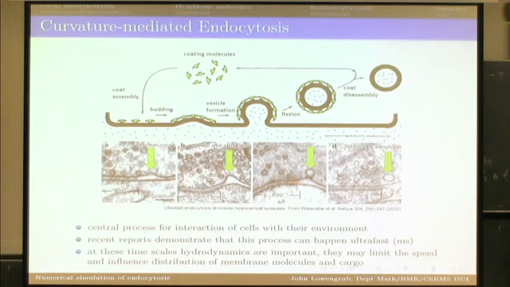And so when something like this is occurring quickly, one can ask how important the hydrodynamics should be. Let's try to understand how it limits or enhances the process. Basically, this is a central process for cells interacting with their environment, because endocytosis is bringing stuff from the outside into the cell.